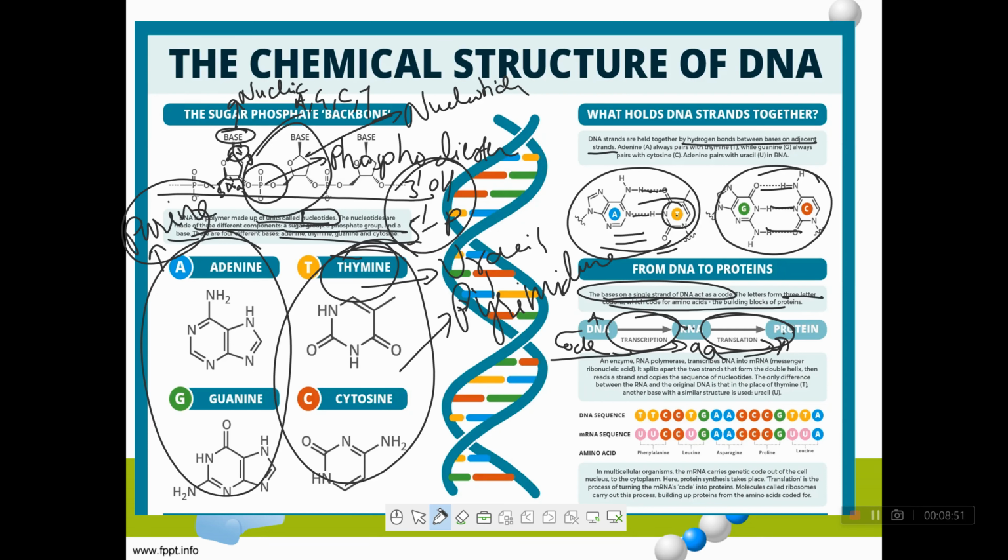The enzyme RNA polymerase transcribes DNA into mRNA. It splits apart the two strands that form the double helix, then reads a strand and copies the sequence of the nucleotides. The only difference between the RNA and the original DNA is that in place of thymine, another similar base, uracil, is used. Already I told you.